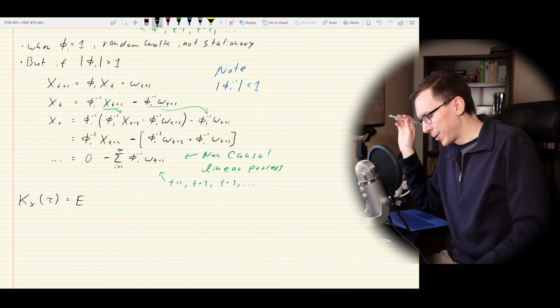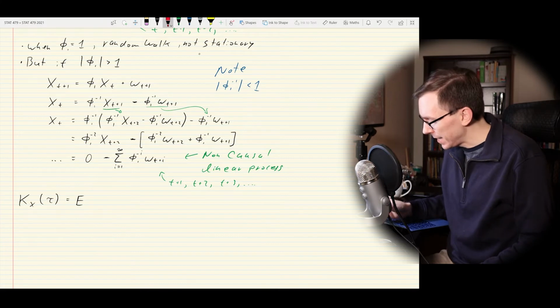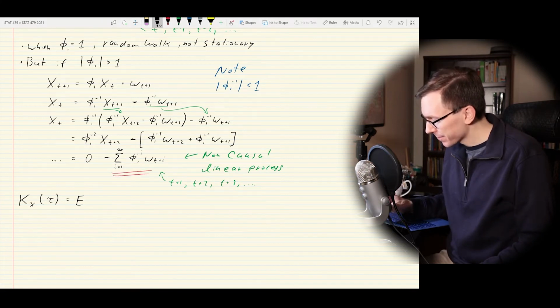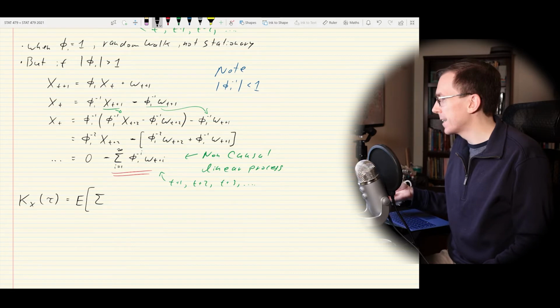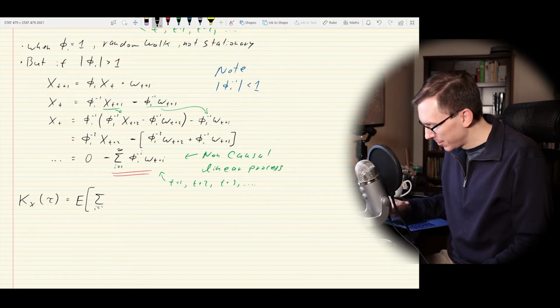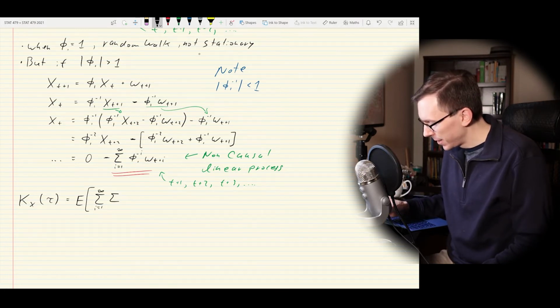And again, when we're computing the autocovariance, we're multiplying two of these infinite series together. So when we do that, we end up with a double sum. The two negative signs cancel out, because we'd have minus and minus. So we're going to take i from 1 to infinity, and j from 1 to infinity.